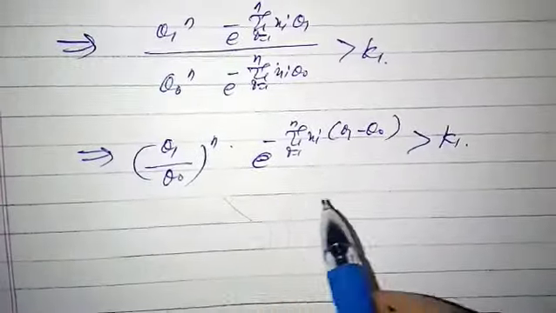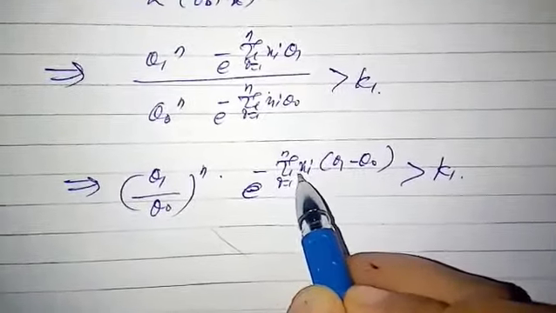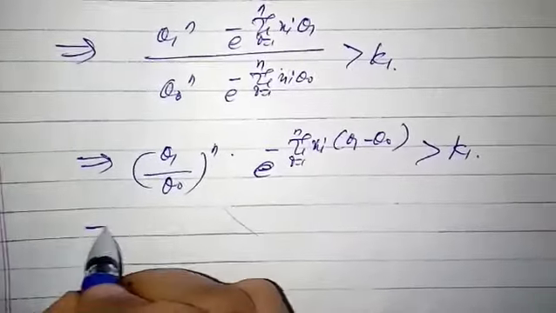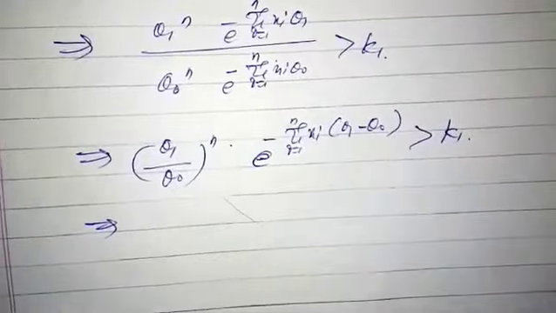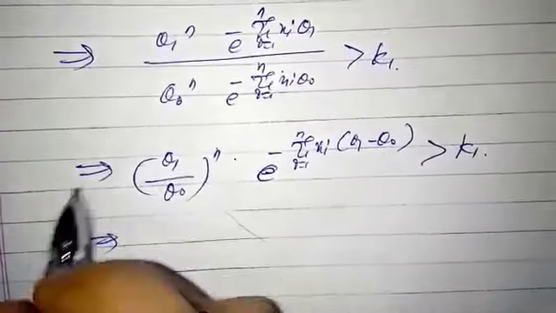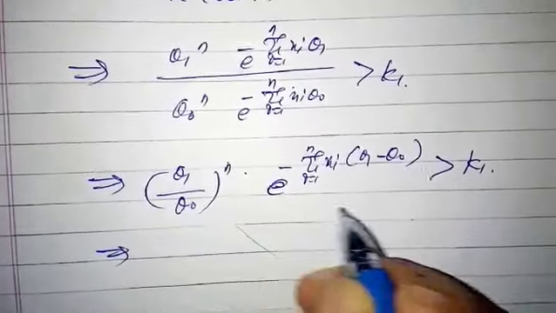So here we need the function of the random variable, right? Here the function of the random variable is summation xi. So we need that term to be greater than or less than some k, right? For that we will divide by this term.